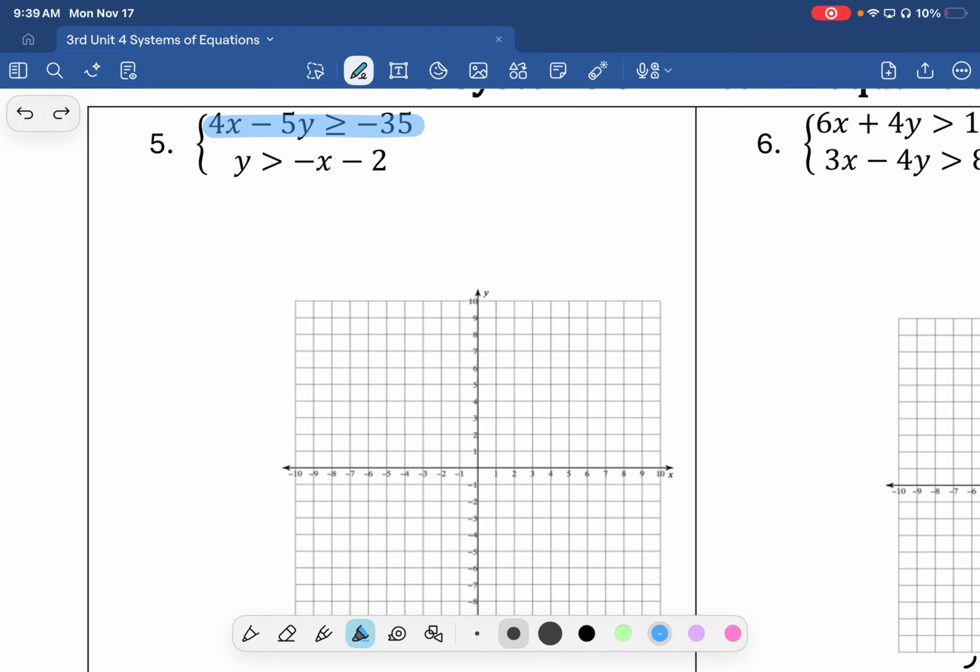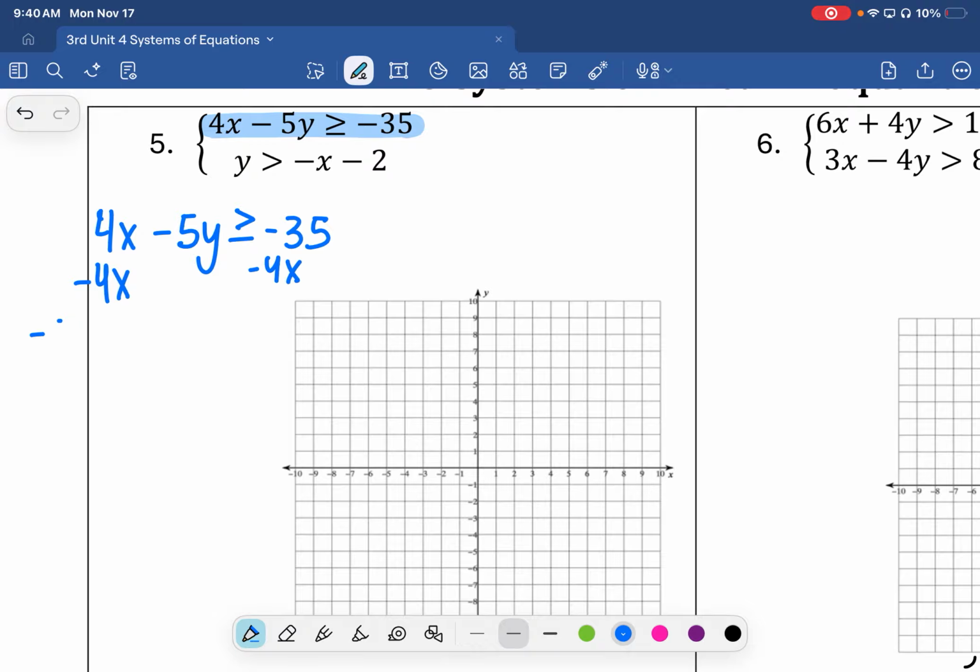Is that first equation in number 5 in slope-intercept form? So we have to put it in slope-intercept form first. We have 4x minus 5y is greater than or equal to -35. How do I put that in slope-intercept form? We're going to subtract 4x.